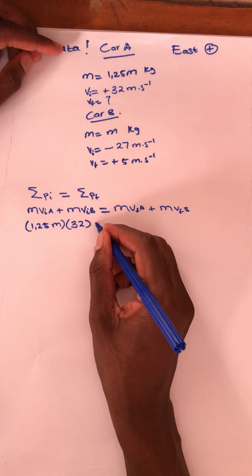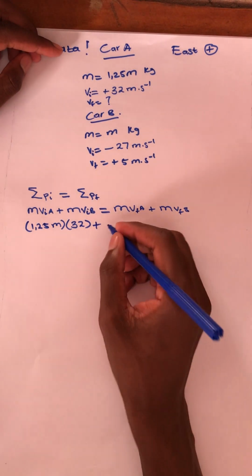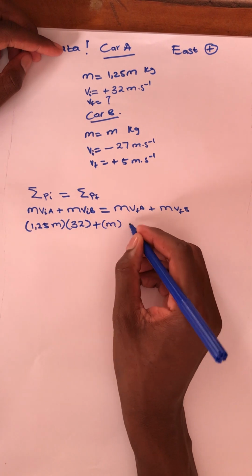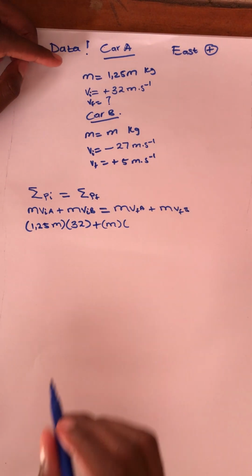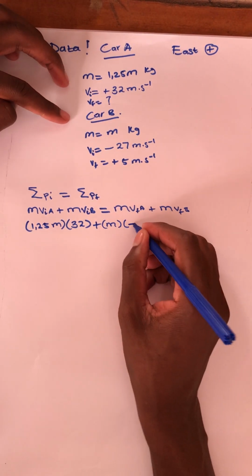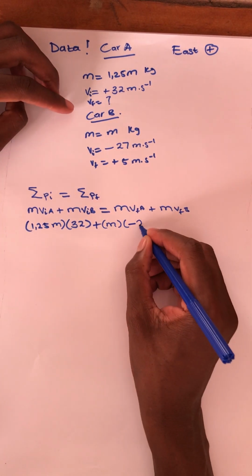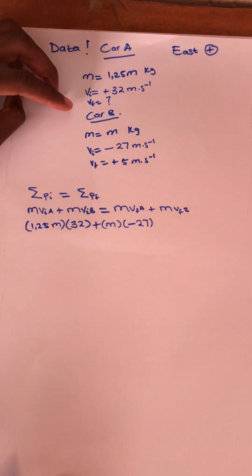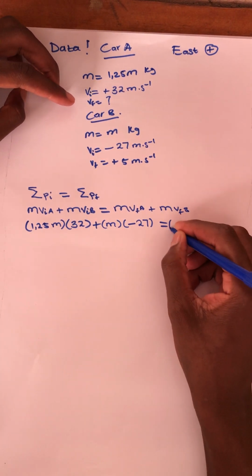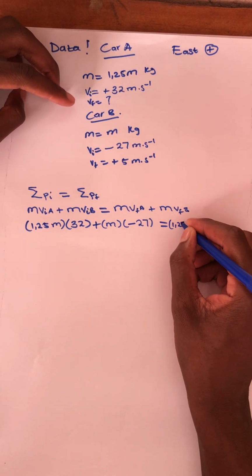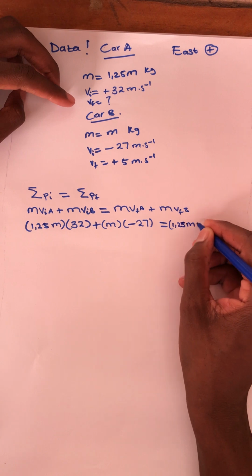Now we move to car B. The mass is just m. What about the velocity? It's negative 27, since it's going west. That equals the mass of car A, 1.25 m.